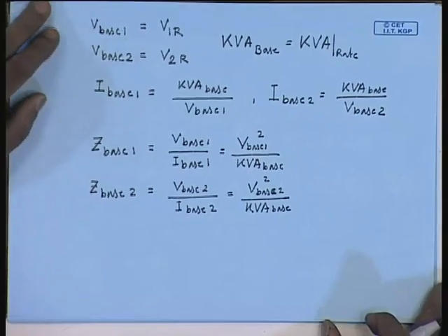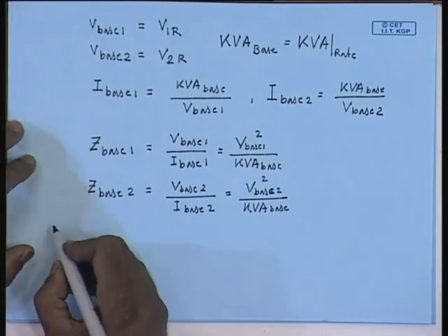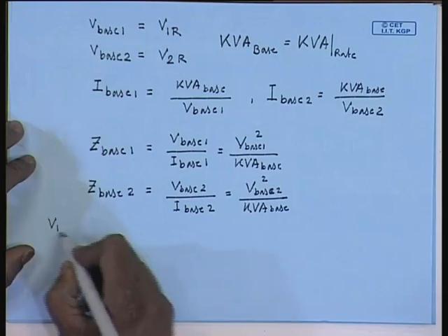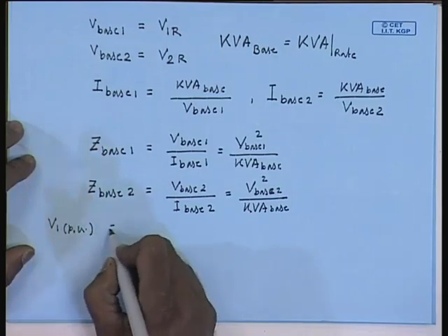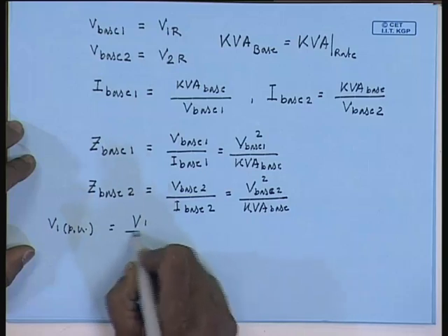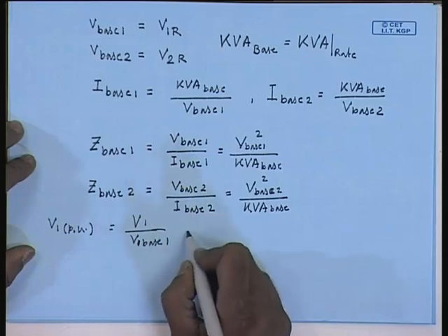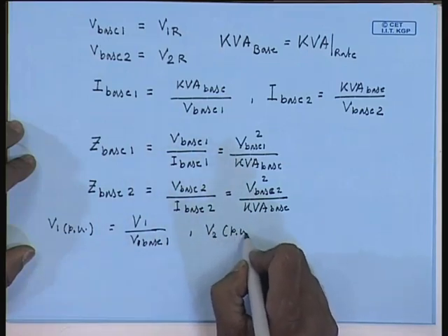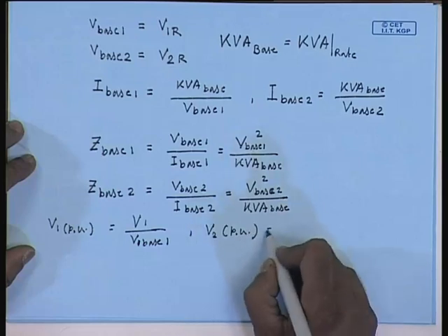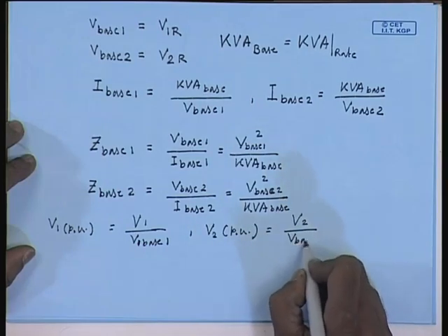Once we define these base quantities, a voltage in per unit can be written as V1 in per unit equal to the actual value of V1 divided by V base 1. Similarly, V2 in per unit will be equal to the actual value of V2 divided by V base 2.